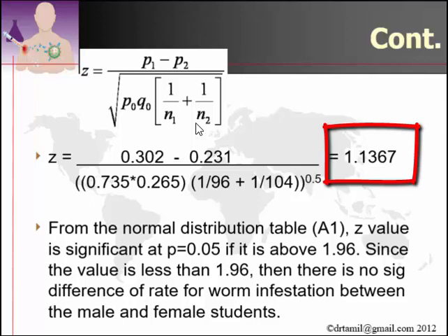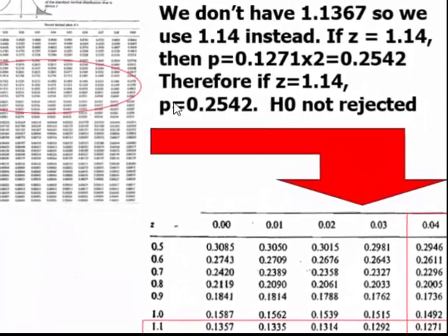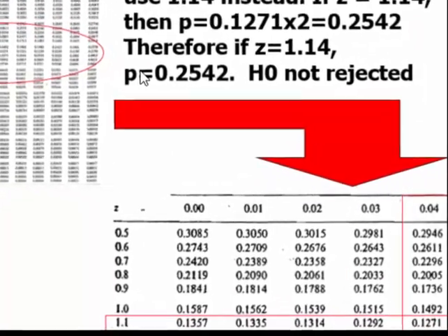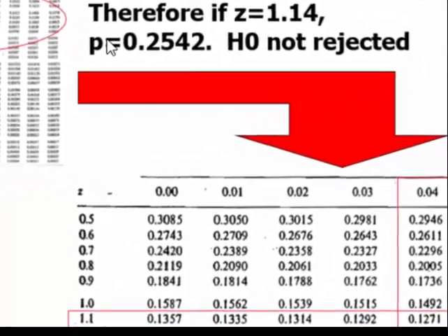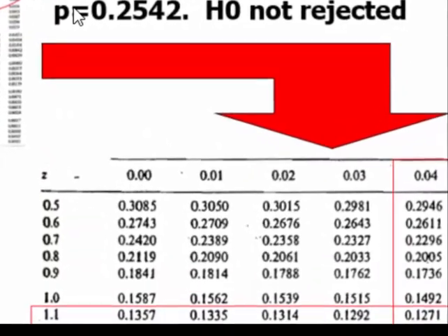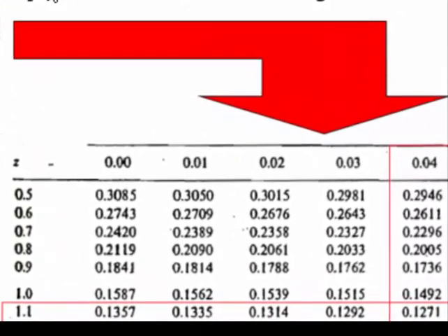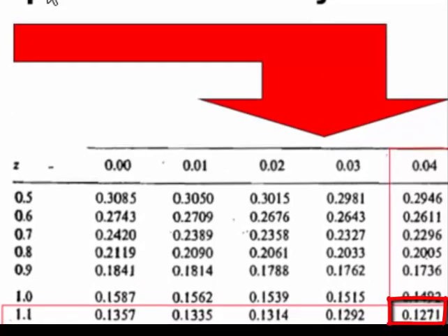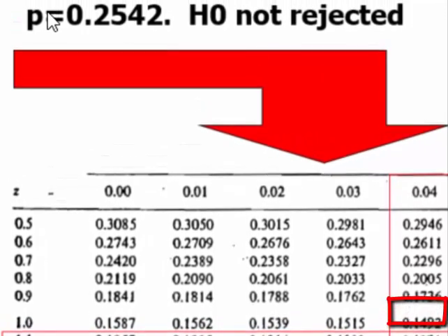And from there, you refer to table A1. Based on table A1, for 1.1367, about 1.14, the value of P is 0.1271. 0.1271 times 2 becomes 0.2542.